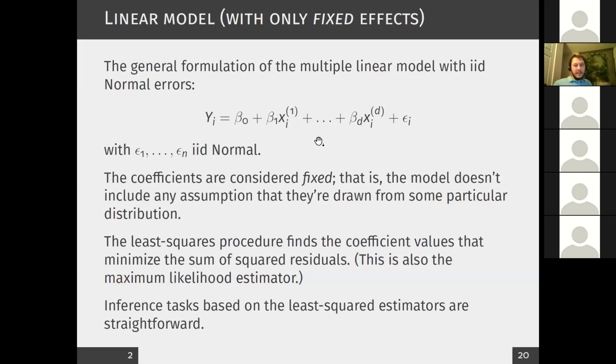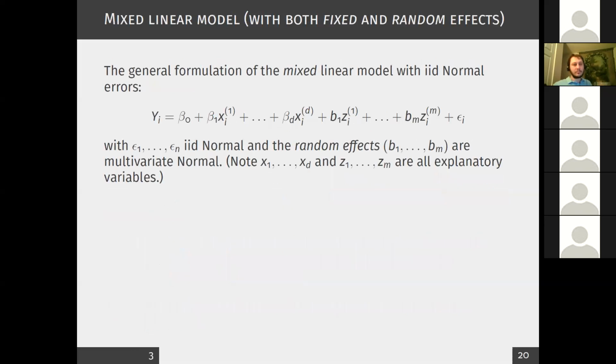And that's a very straightforward, closed form answer to what's the maximum likelihood estimator. Also, inference turns out to be very simple for finding confidence intervals and testing hypotheses regarding the coefficients.